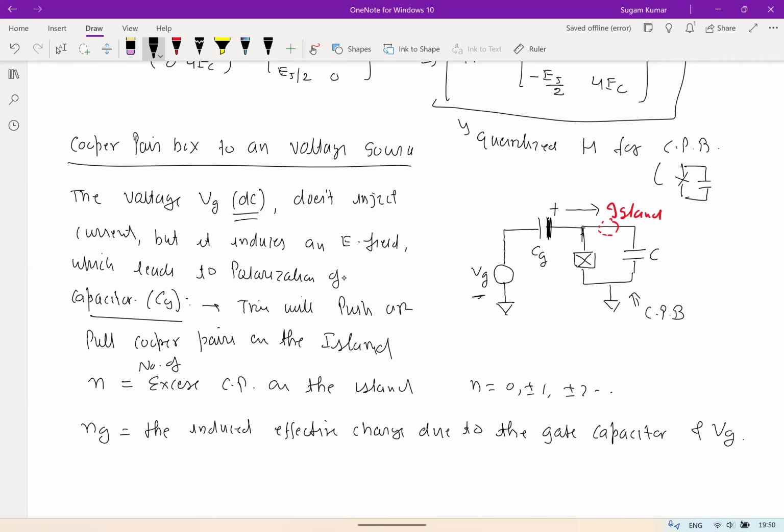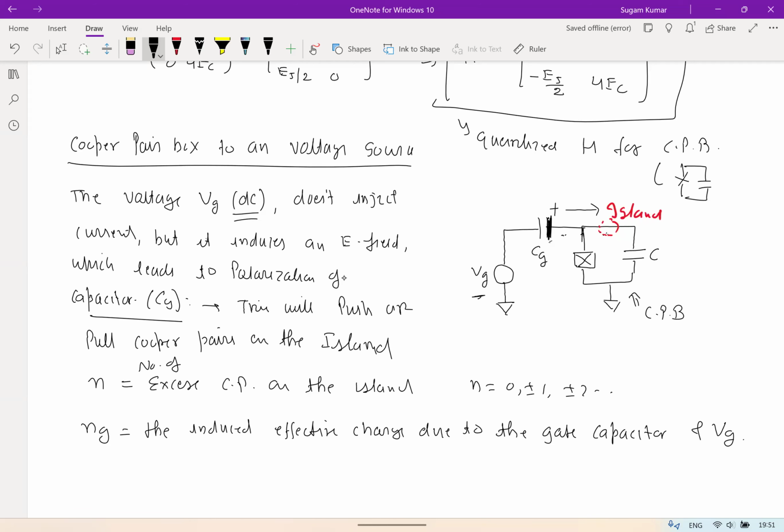So if this side is positive, then this is also going to create an electric field on this side. So you can see that this charging of the capacitor is going to create an electric field between the gate electrode and the superconducting island. Please mark this line, that this charging capacitor is going to create an electric field between this electrode and the island. And this electric field is going to induce charge polarization on the island.